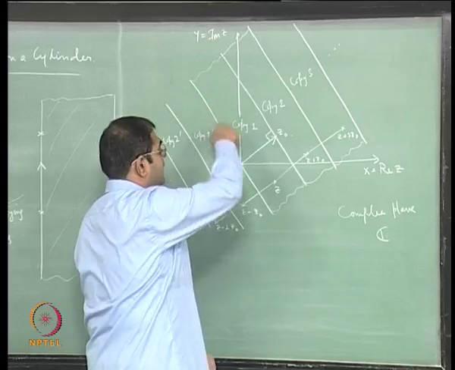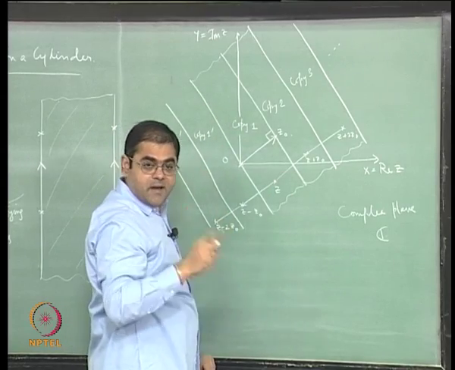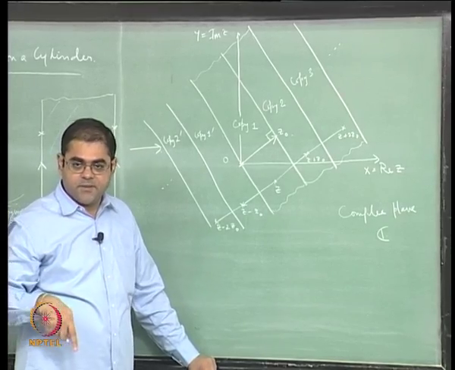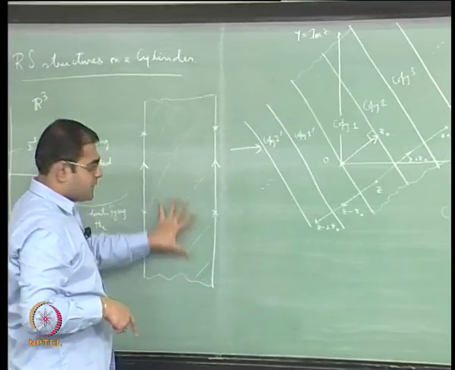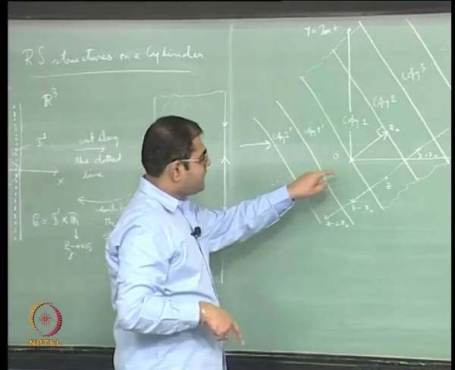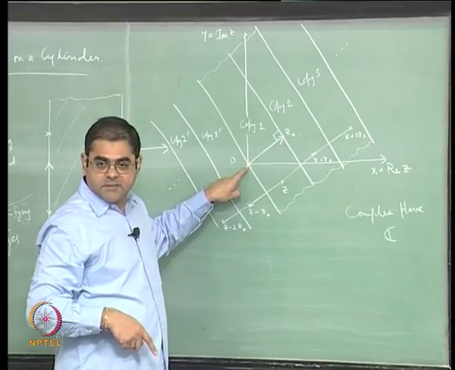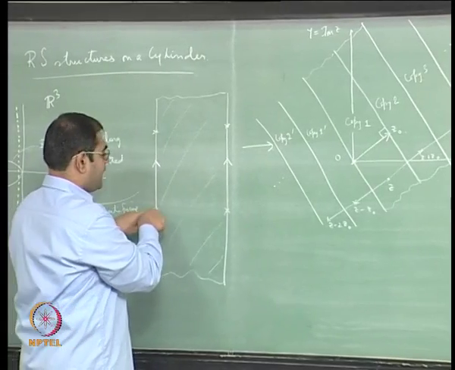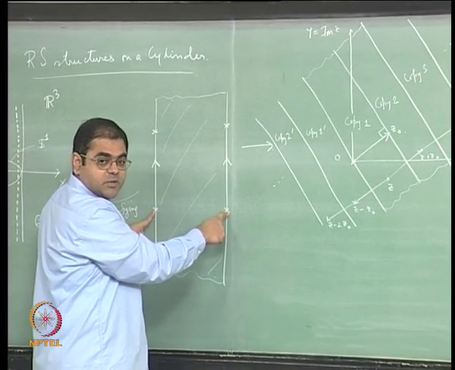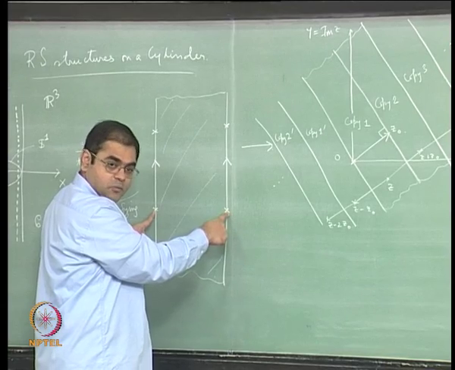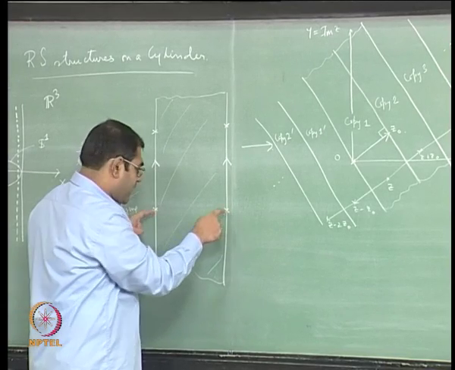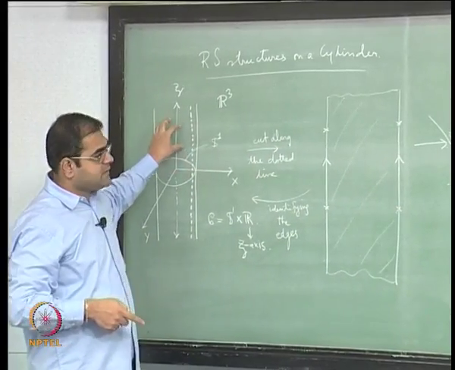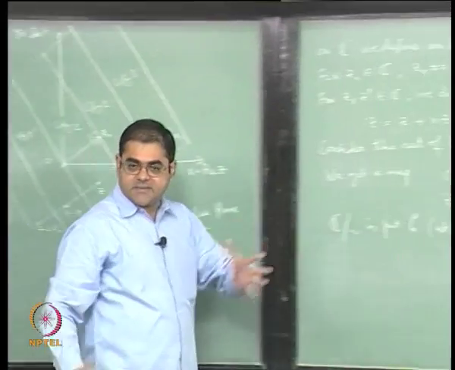So for all the interior points of a strip, they are the unique representatives for their equivalence classes in that strip, okay. So that is what happens to interior points. But if there is a point on the strip which is a boundary point, then in one strip you get two representatives, namely the point on one edge and the corresponding point on the other edge. And so if you want to still get an equivalence, you still have to identify these two, and when you do that you get the cylinder, okay. So you must understand that this cylinder is exactly C mod tilde, at least as a set, okay.